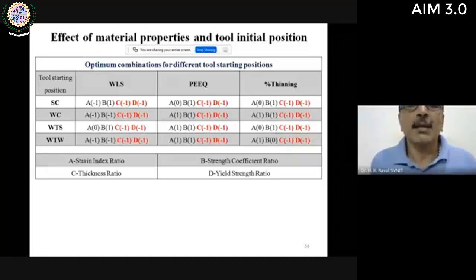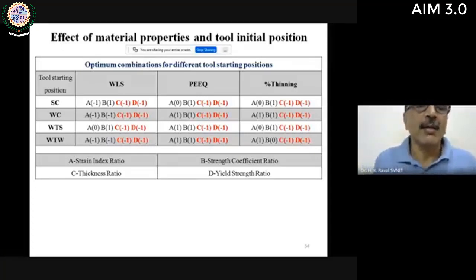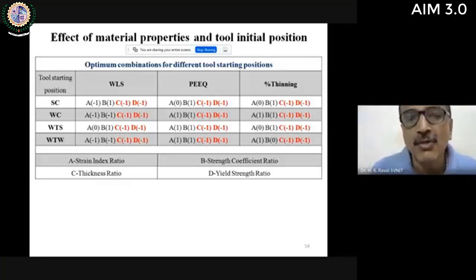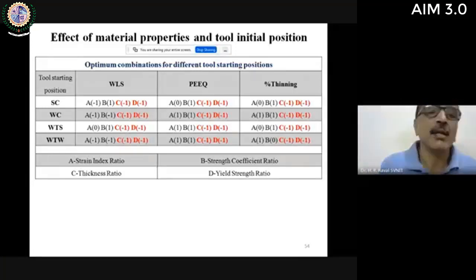And this indicates the optimum combination. The optimum combination is shown here as A-1, B1, C-1, D-1. What does it mean? It means that at the lower levels, the thickness ratio should be 1 and the yield strength ratio should be 1. Nearly homogeneous conditions will result in minimum weld line shift.